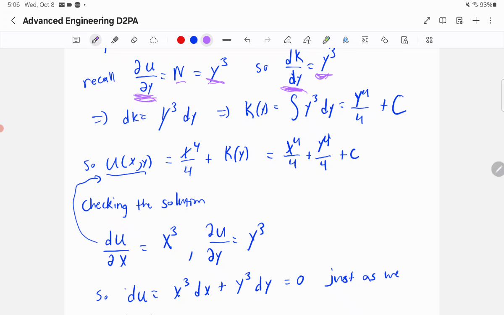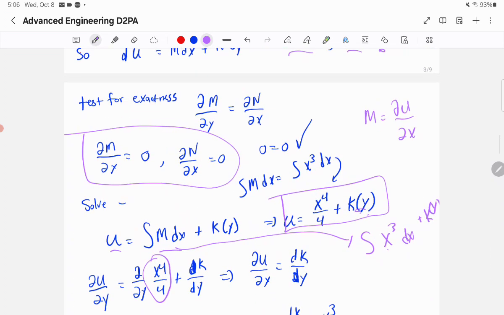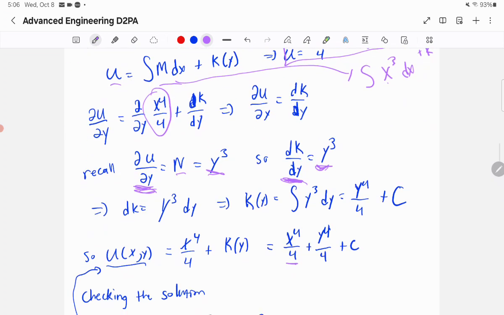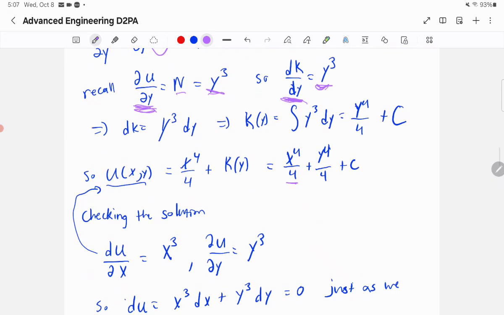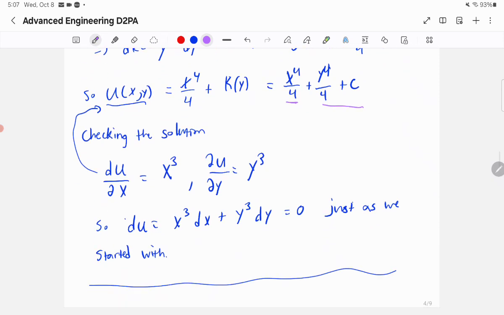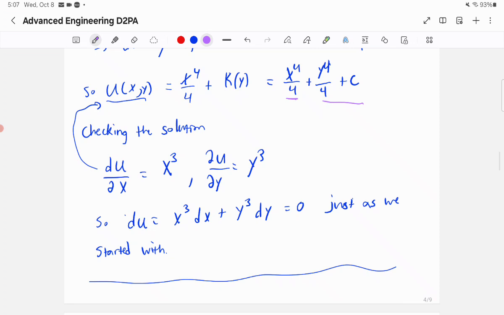So basically that tells me that u has to be equal to x to the fourth over 4. That's that first part, the integral of m dx part. And the k of y is this y to the fourth over 4 plus c. We can actually check this solution. If I take the derivative with respect to x, well, c is a constant, so that goes to 0, and I just get x cubed.